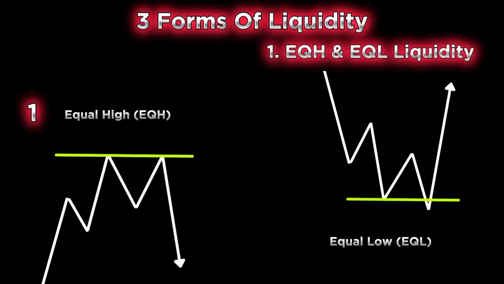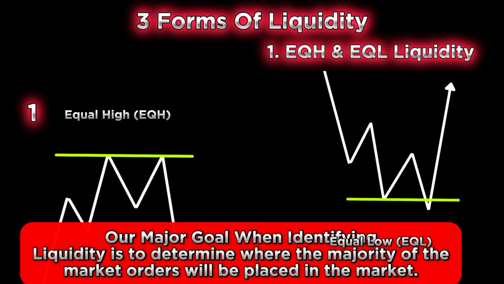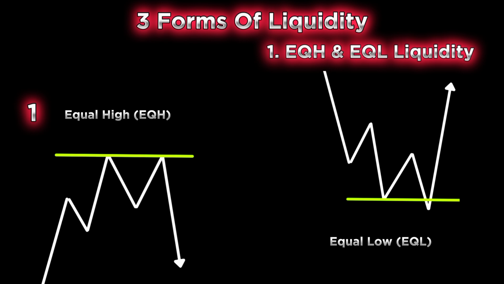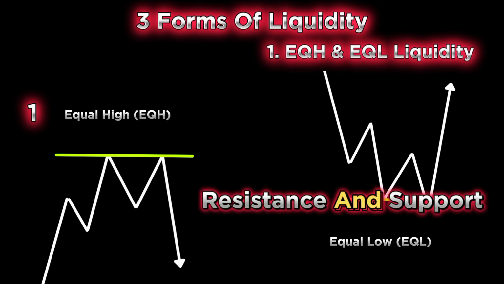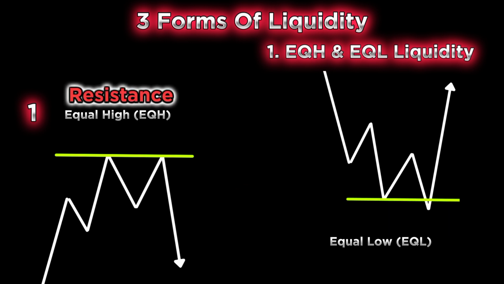So like I said earlier, the market always reacts to orders. Our major goal when identifying liquidity is to determine where the majority of the orders are going to be placed in the market. In the context of equal high or equal low liquidity, we are essentially looking at resistance or support, because equal highs form a resistance level and equal lows form a support level.